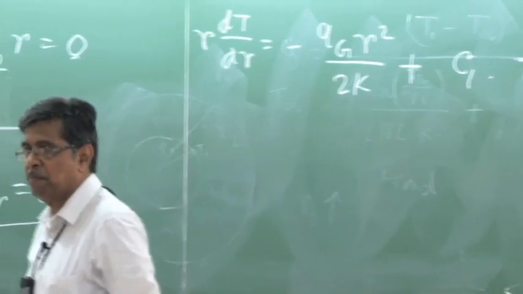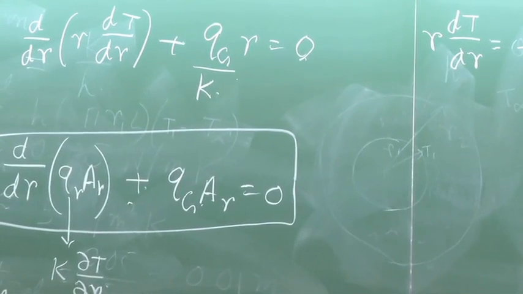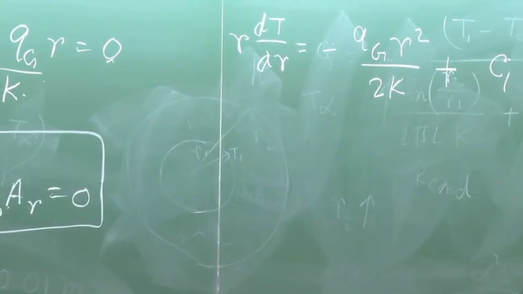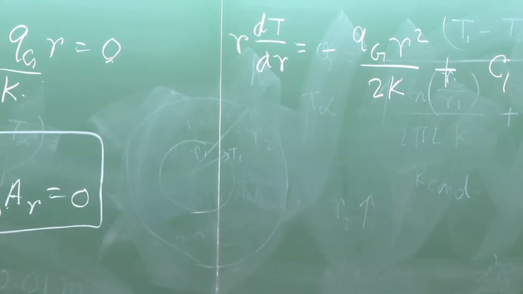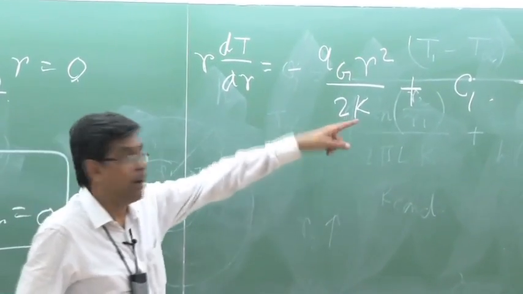Okay? Immediately you tell me, sir, your K is missing. Otherwise, there will be a problem. Why do you keep mum? Sir, K is missing. I'll be very happy. Then the next part is that this will be C1 by R.